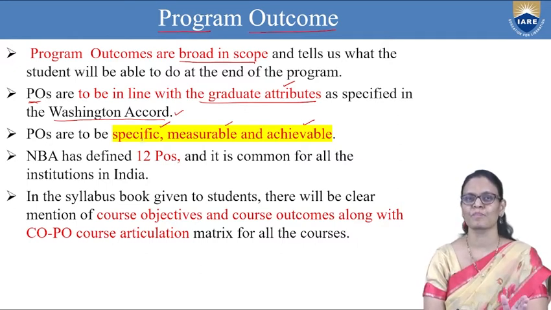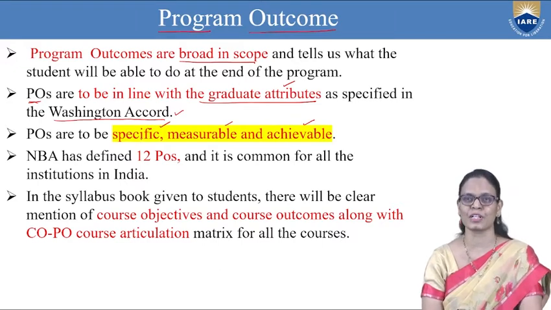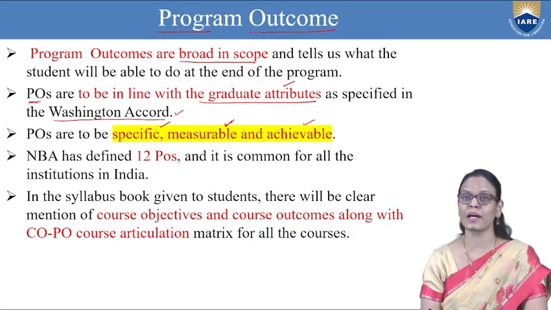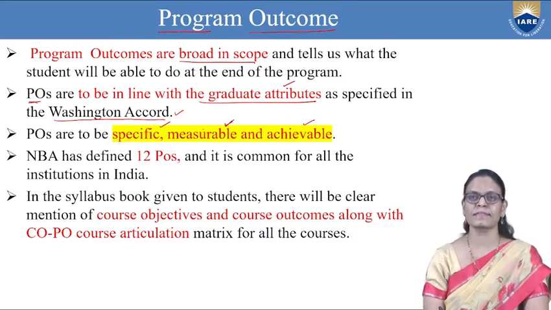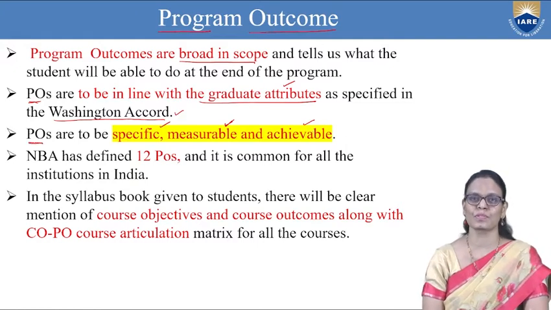So if I say a student who is joining mechanical engineering will be very good at designing of machines, it is specific. Then you should be able to measure how you are able to measure whether the student is able to design or not, or whether it is an achievable target or not. All these things have to be kept in mind while framing the POs.